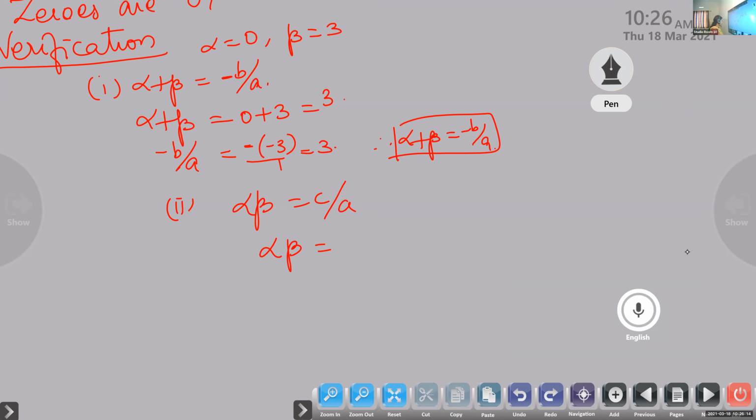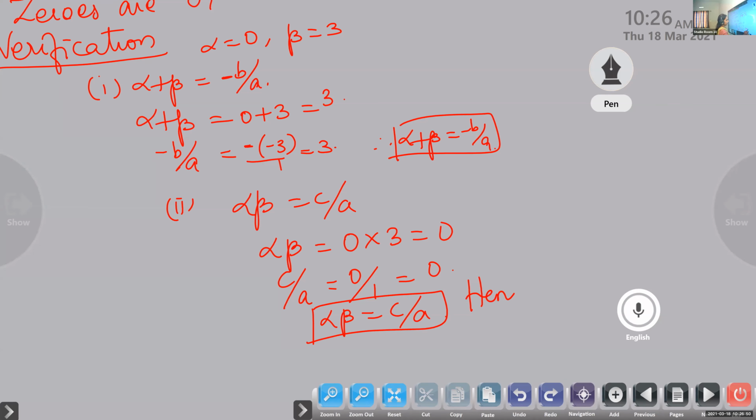Alpha beta is 0 into 3, which is 0. And what about C by A? What is the value of C? It is 0. And what is the value of A? 1. 0 by anything is 0. So we get alpha beta is equal to C by A. Hence, verified.